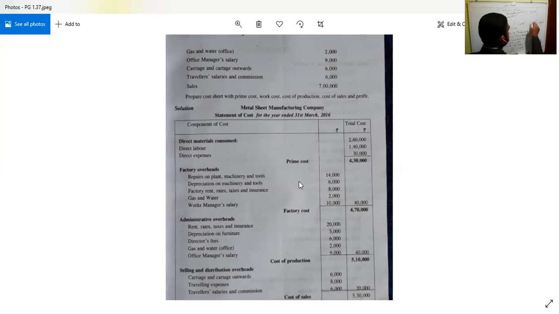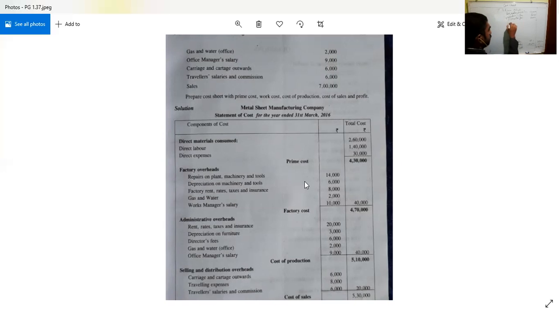Depreciation on furniture 3,000. Then director's fee, it is 6,000.